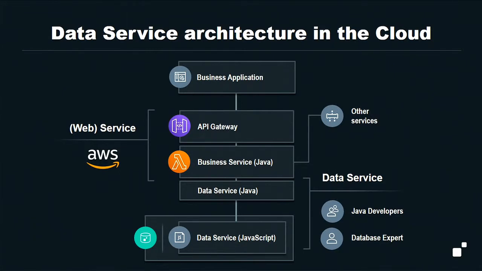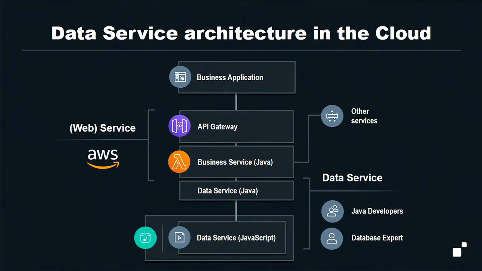And that's what makes it possible for the Java generalist who's working in the middle tier to call the data service without having to understand the database. And instead, the database expert who's implementing the data service can bear the responsibility of making best use of the database.